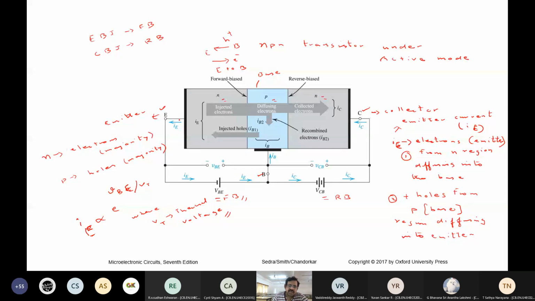Therefore, the current IE will be flowing out of the emitter terminal.